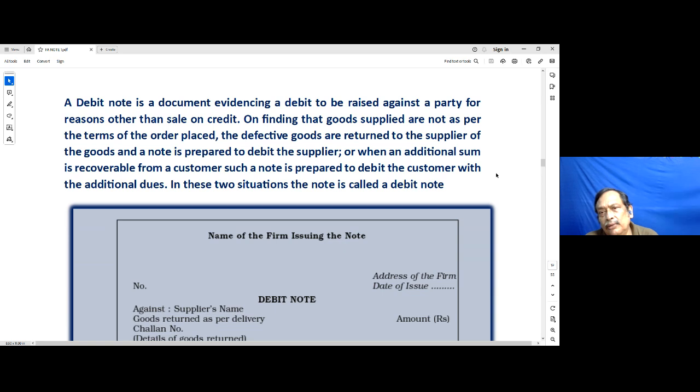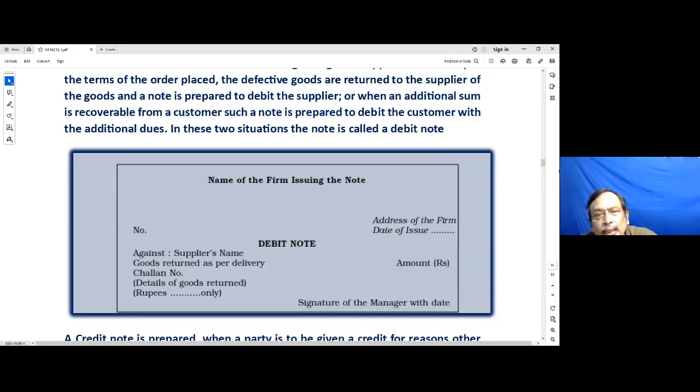On finding that goods supplied are not as per the terms of the order placed, the defective goods are returned to the supplier of the goods and a note is prepared to debit the supplier, or when an additional sum is recoverable from a customer, such a note is prepared to debit the customer with the additional dues.